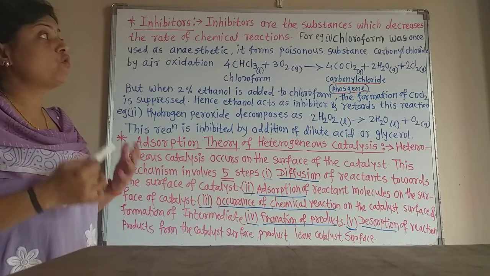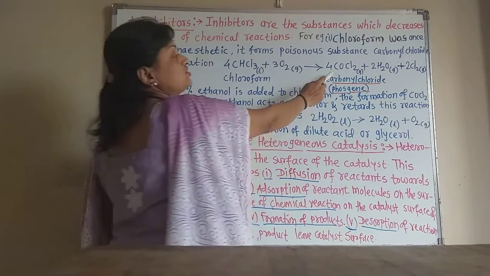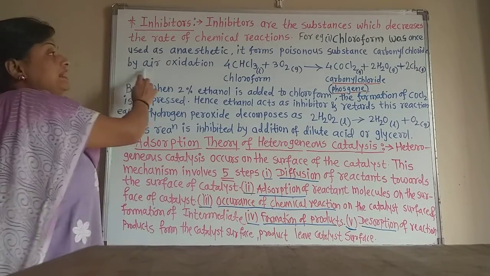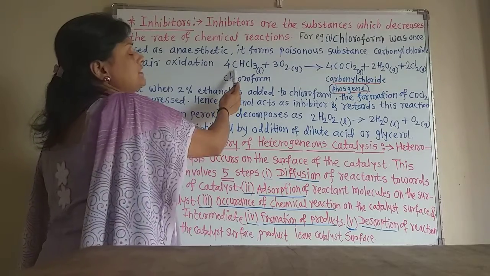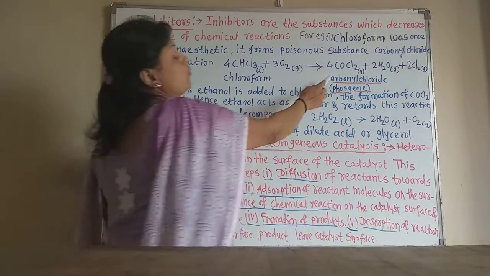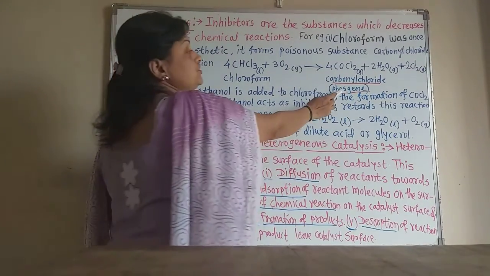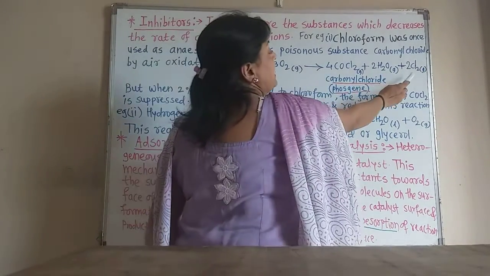It forms the poisonous substance carbonyl chloride, COCl2 gas, by air oxidation. So this reaction occurs: 4CHCl3 plus 3O2 gives 4COCl2 gas, carbonyl chloride, that is phosgene, which is the poisonous gas, plus water molecule and chlorine gas.